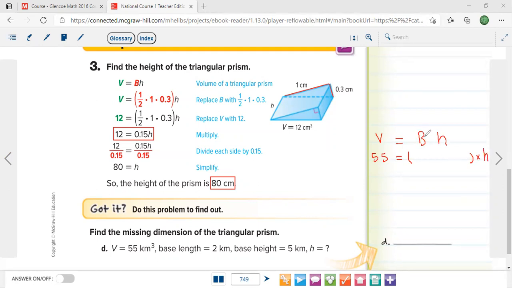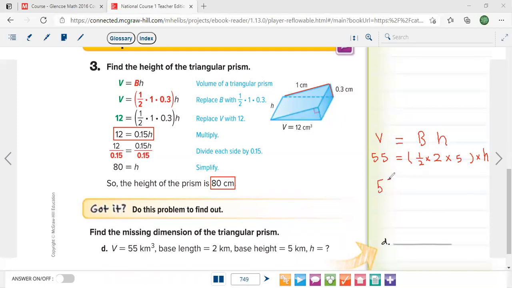The area of the base is half multiplied by its base length, which is 2, multiplied by its base height 5, so multiplied by 5.